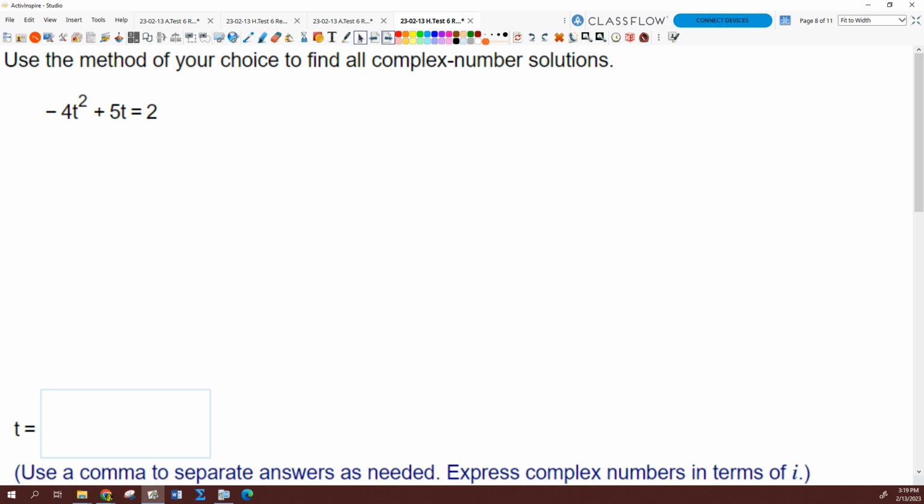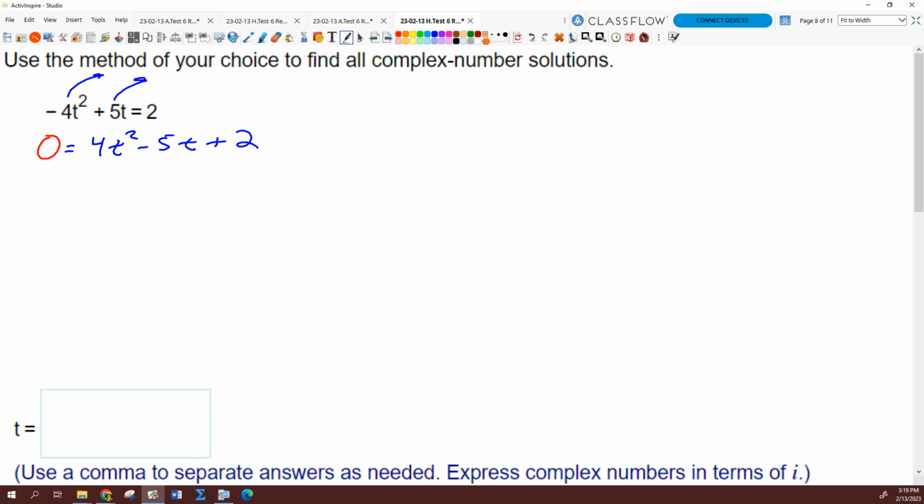This guy. What are we going to do? Move everything which way? To the right. Good. So if we move everything to the right, what am I going to get on the right side? Good. Equals 0.